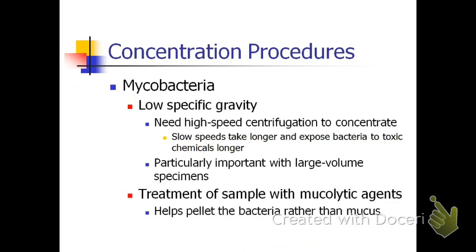Then you cover the centrifuge and centrifuge the specimen inside a biosafety cabinet. There is a need for high-speed centrifugation to concentrate the specimen. Low speed would take longer and would expose bacteria to the toxic chemical longer. This is particularly important with large volume specimens.